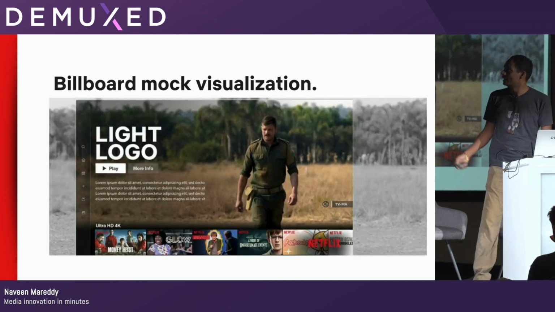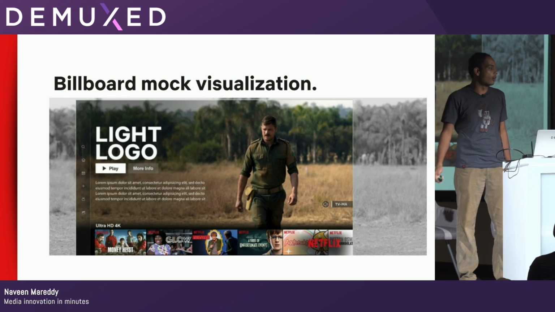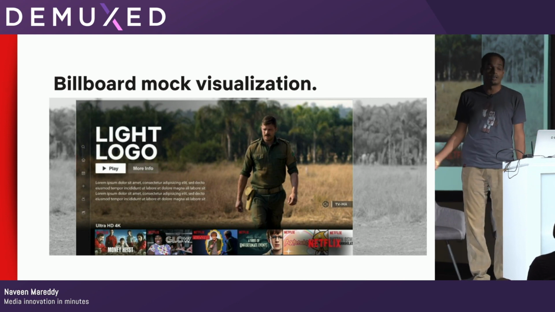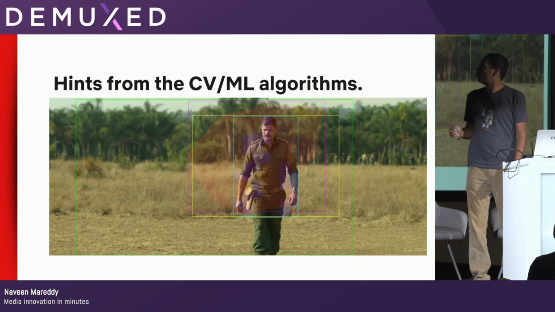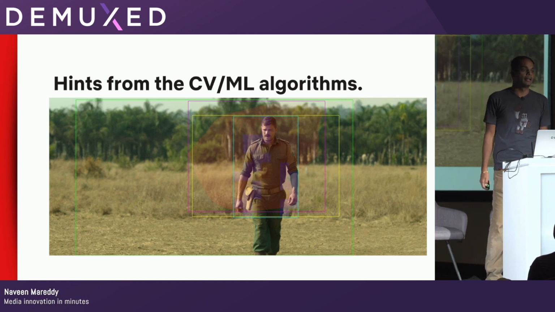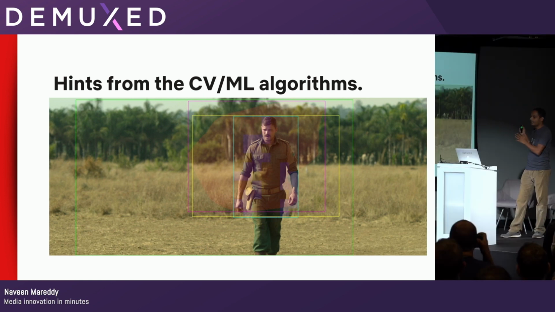So here's how it looks. This is a mock visualization of the Billboard user experience on the product. To do that experience, we have to find an image which has a place to put the text, in this case on the left side, and then the main actor on the right.